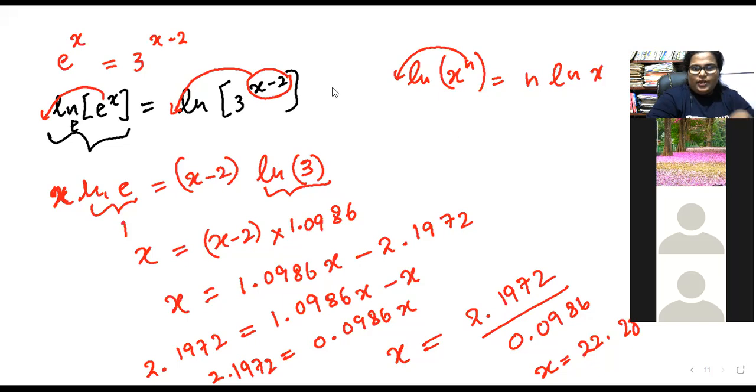So you can write this one also, I will write here how to keep it in ln form.